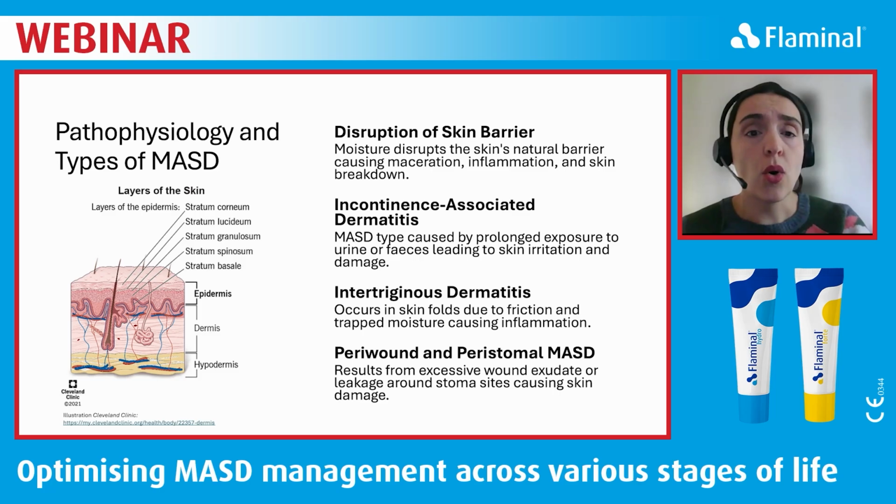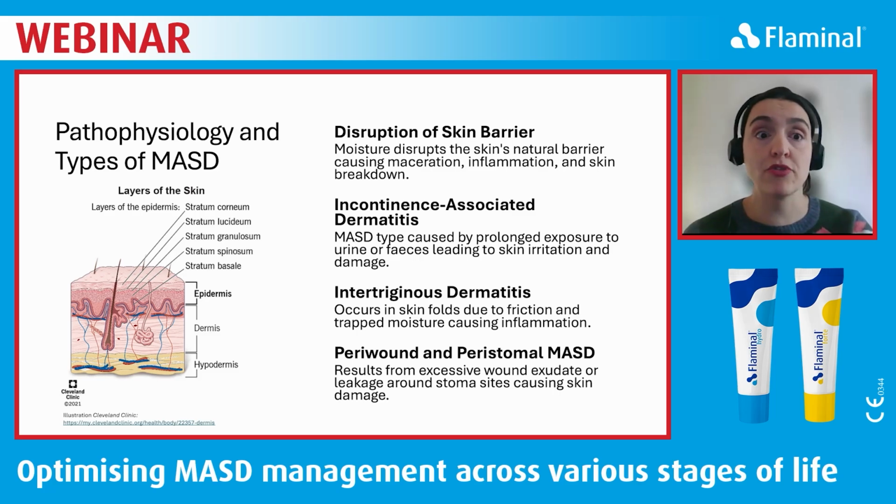With this slide, it's not my expectation that after this webinar you would have memorized all of these layers and all these complex names. What I would really like you to take away is that although it's complex and with many layers, the epidermis is really thin.